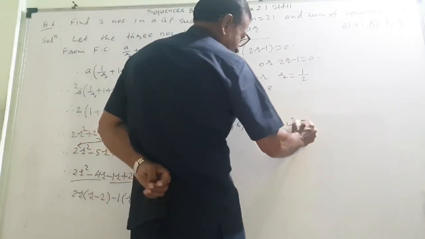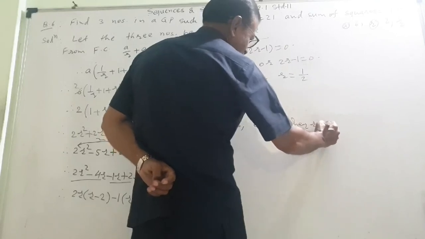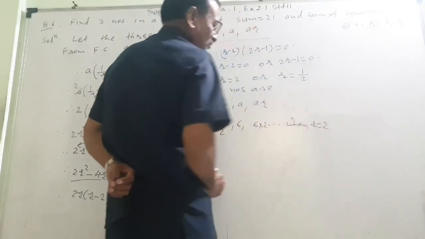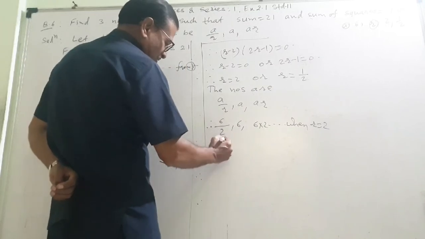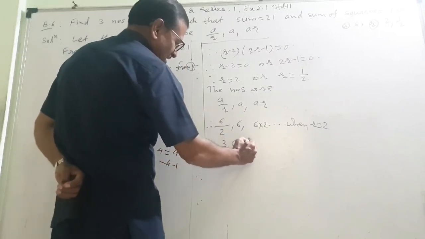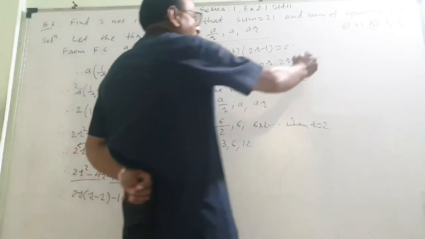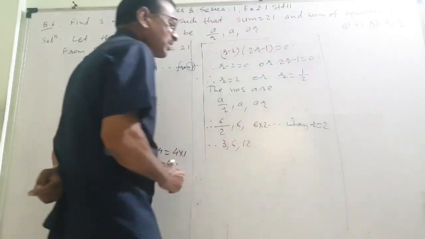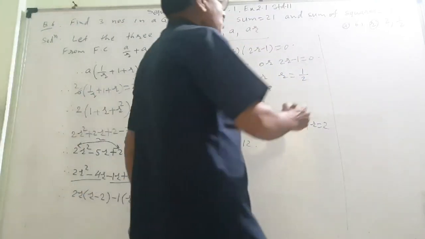When r is equal to 2, then this will be 3, 6, and 12. These are the numbers. This is one answer. But r has two values.